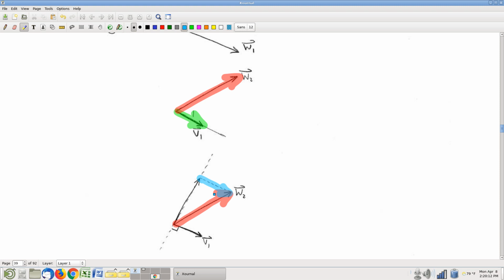We're hoping to have something that's orthogonal. We're hoping for something that does not have a component in the V1 direction. So how about we identify to what extent W2 points in the V1 direction, and then we throw that part away. Said differently, let's identify what we don't like and let's throw it in the trash can.